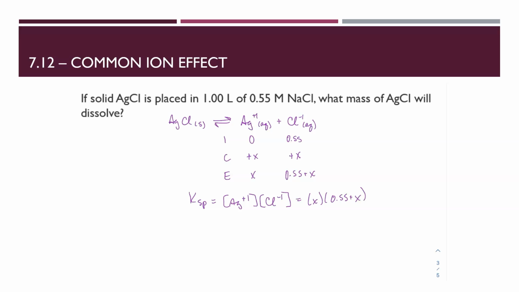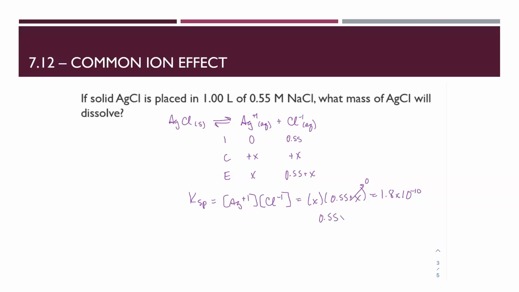Now, we're going to simplify this a little bit because we know that silver chloride has a super low solubility. The Ksp is equal to 1.8 times 10 to the negative 10th. That's the Ksp value of silver chloride. So what we can rationalize is that very little chloride ion is going to come from the silver chloride, so we're going to say that this change here is essentially 0.